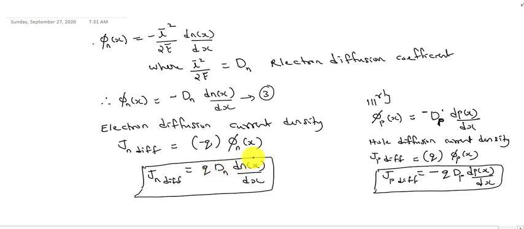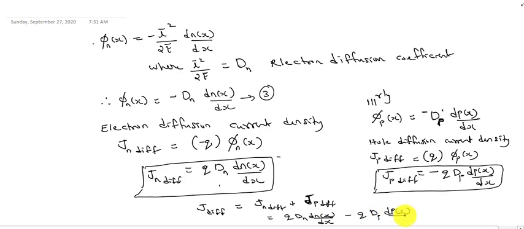So we can conclude the total diffusion current density, J diffusion, is equal to Jn diffusion plus Jp diffusion, and this is equal to q into Dn into dn of x by dx minus q into Dp into dp of x by dx.